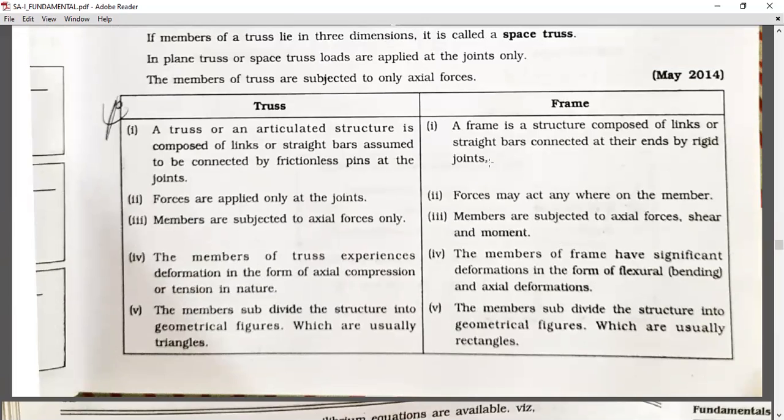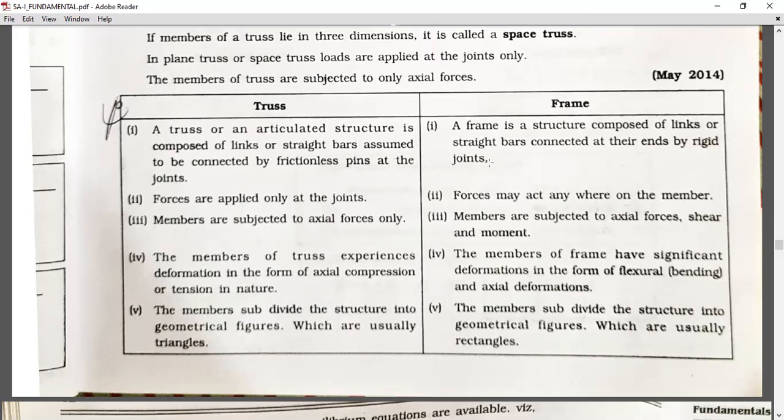A frame is a structure composed of links or straight bars connected at their ends by rigid joints. In truss, forces are applied only at the joints. In frame, forces are applied on members too. In truss, members are subjected to axial force. In frame, members are subjected to axial force, shear force, and moment.